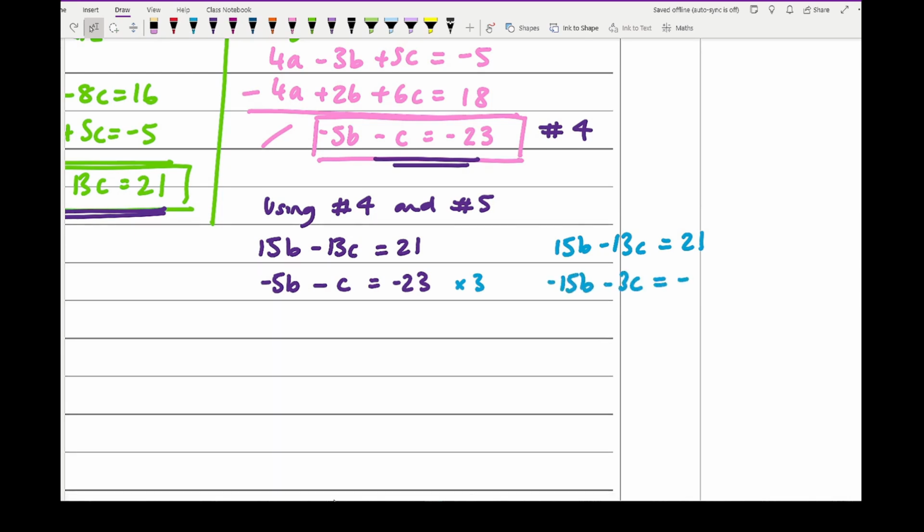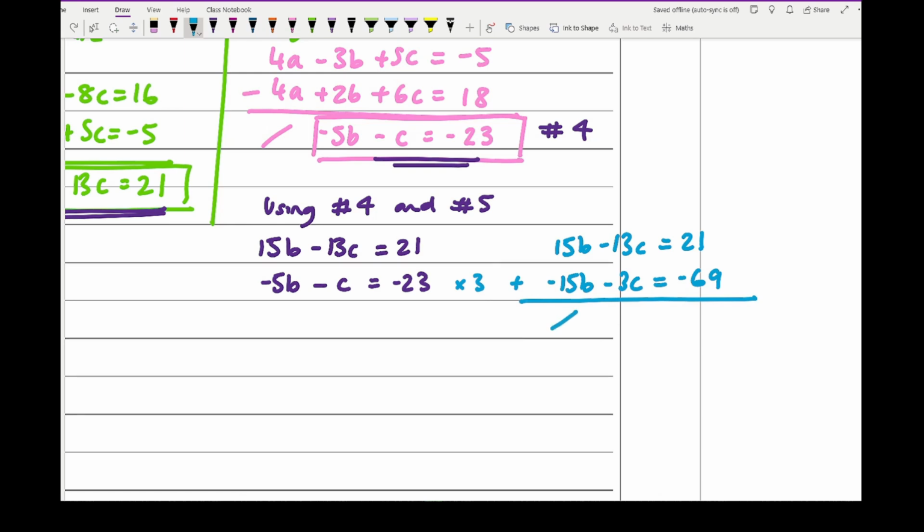and I'm going to end up with minus 15b minus 3c equals minus, not 23 because I need to multiply that by 3, I end up with minus 69. Now because my b's are the same quantity but I want to get rid of them, I'm going to add the two equations. The b's cancel out.